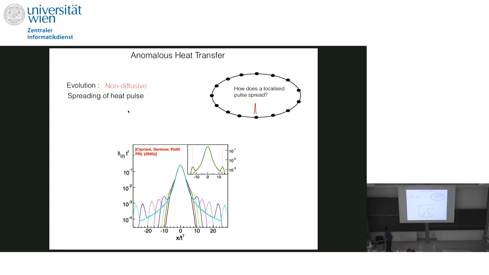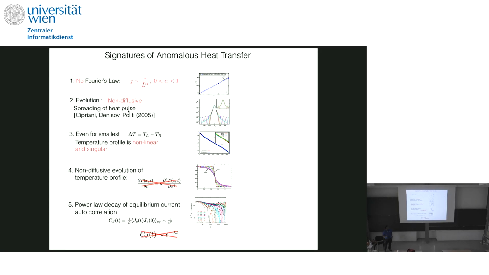There are many other signatures. For example, when the temperature difference is very small, unlike the diffusive case, the temperature profile is not linear. Even for the smallest difference, you get a non-linear temperature profile with singularities at the boundaries, which means the derivatives diverge.